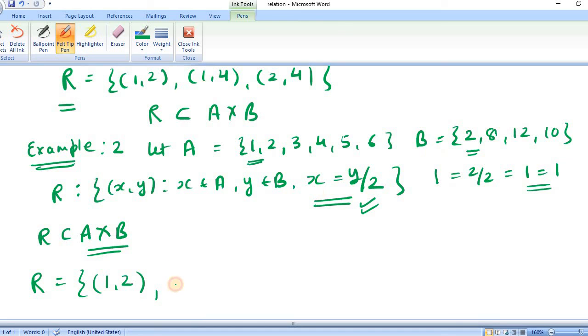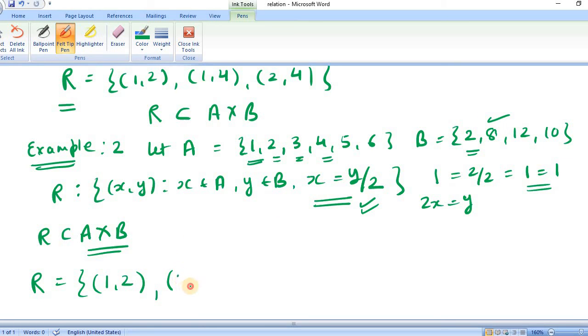Okay, next let me go to this second element, which is 2. So I will not be able to pair this 2 with any other element, right? Because this condition can also be written as 2x is equal to y. So 2 to the 4, and there is no 4 element, so 2 will not be related with anyone. Then 3, so we will have 3 to the 6, no element is here. Then we'll have 4 to the 8, so we have this element 8 here.